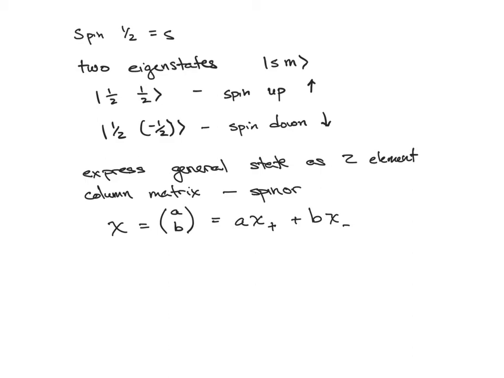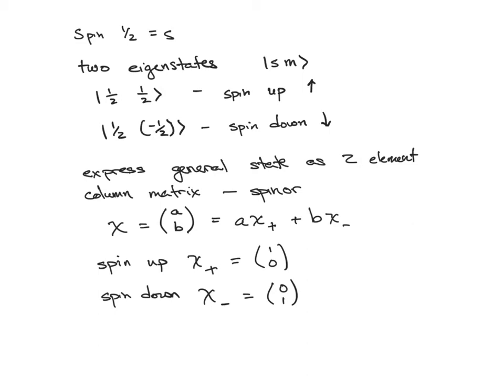We don't know until we measure, and we have a probability density of measuring one or the other. So we're going to call our spin up part of the spinner, chi plus, 1 and 0. And we're going to call our spin down part of the spinner chi minus, and it will have a 0 and a 1.